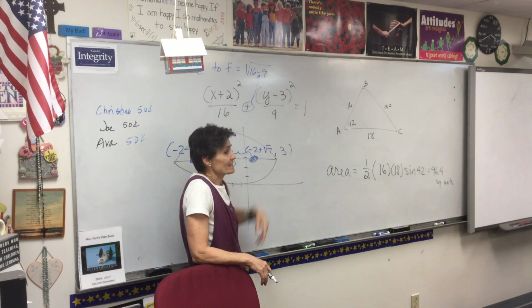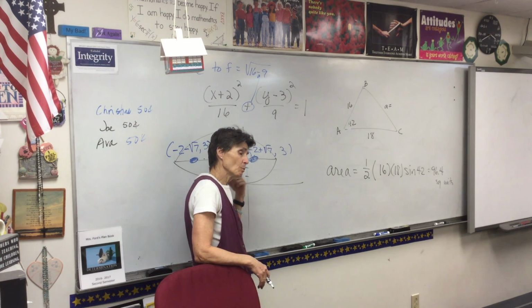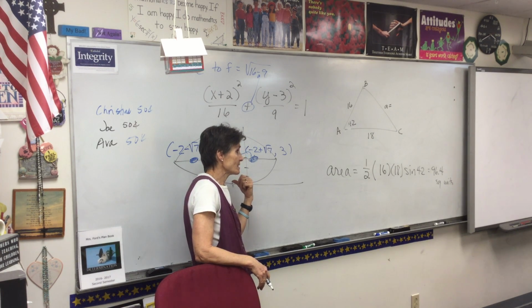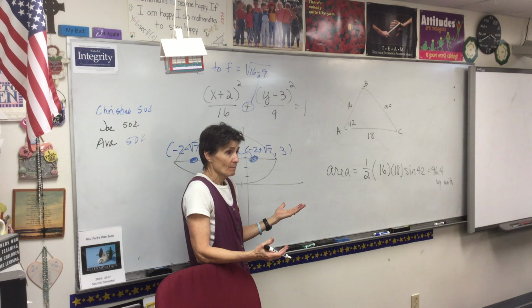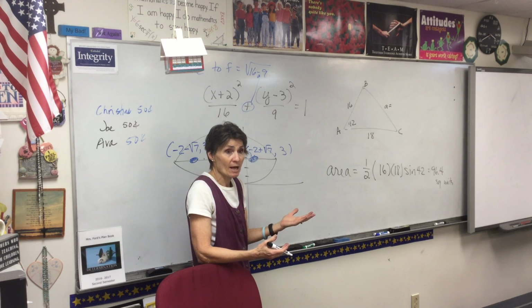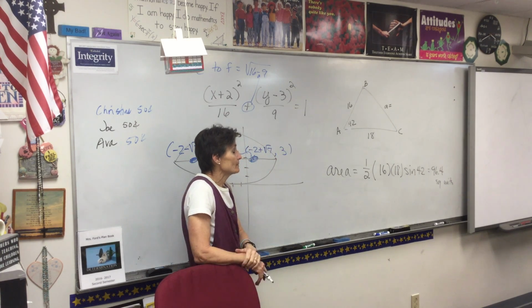Now we still have to find side A. So this is like the one we looked at earlier where we had to find a side. You ask yourself this question: am I going to use law of sines or law of cosines? It's got to be cosines because we don't have a set, right?